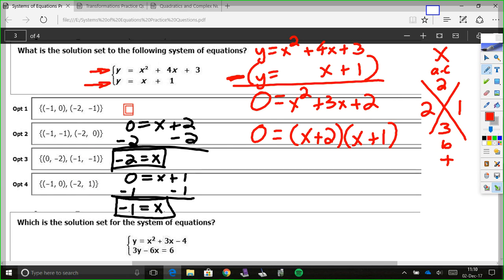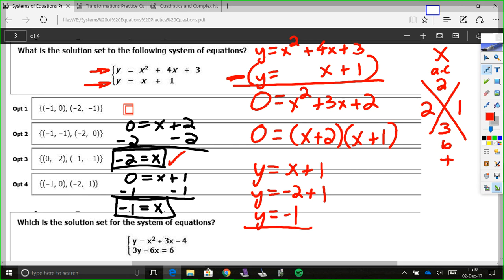But I'm going to plug it into the linear one, the second equation, because it's a little bit shorter, so it's going to be a little easier. So let's plug in those two x values, but one at a time. Let's use x equal to -2 first. We'll have y equals x plus 1, but I'm plugging in -2 for x. Alright, so I plugged in -2 for x, now -2 plus 1 equals -1.